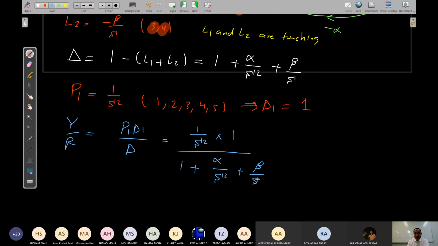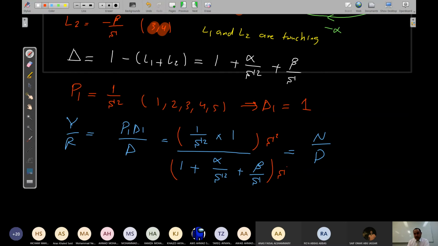Now, do you remember? I must write it in terms of N over D, where N and D are polynomials in s. Correct? So I should multiply by s square here, and I should multiply here by s square.